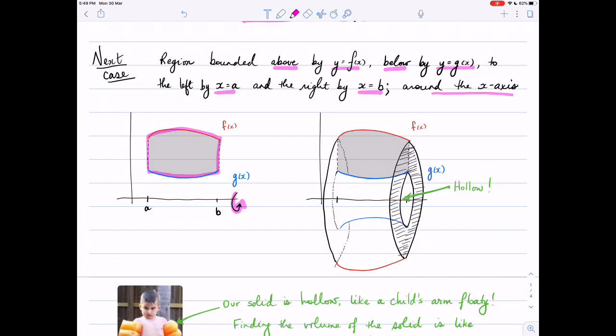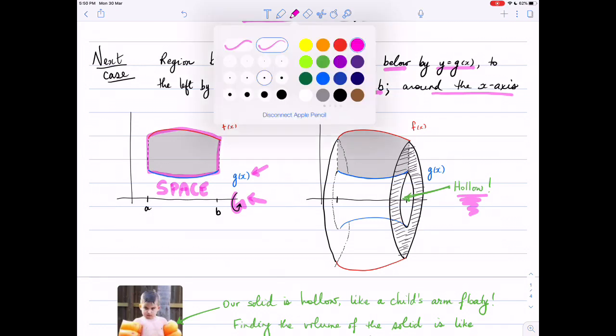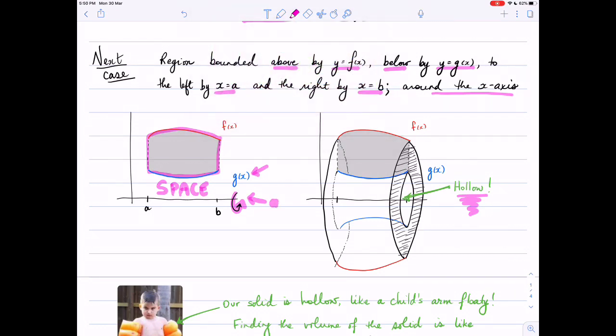If that happens, what is created is a solid of revolution which is hollow. There is space between the lower bound, g of x, and the x-axis, which is called the axis of revolution.